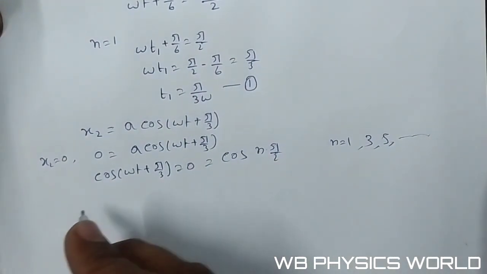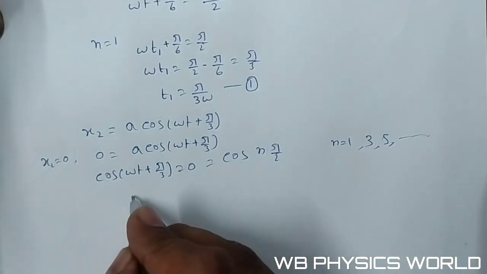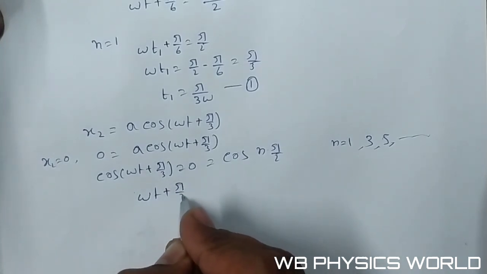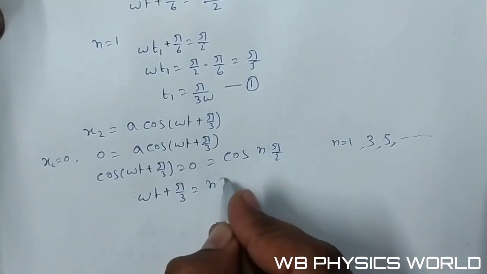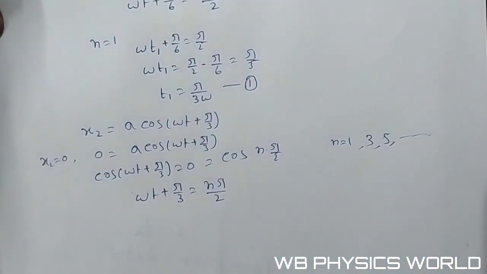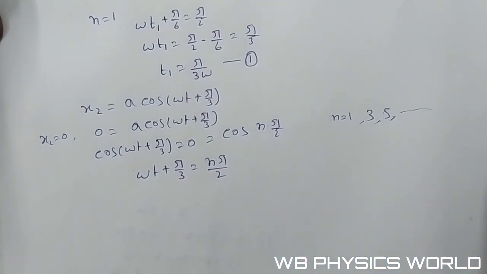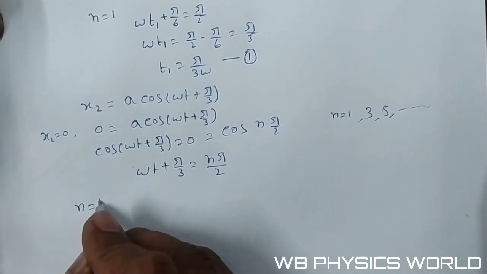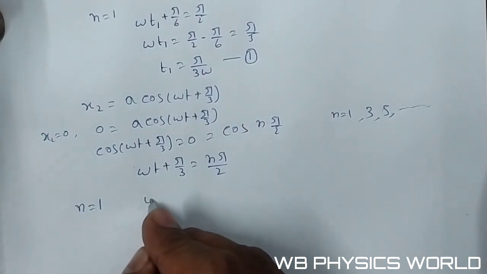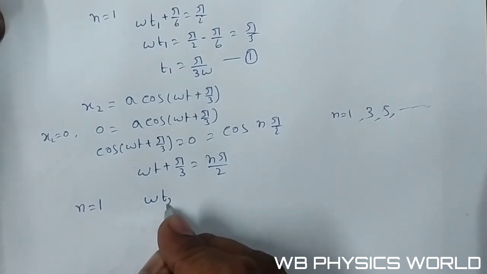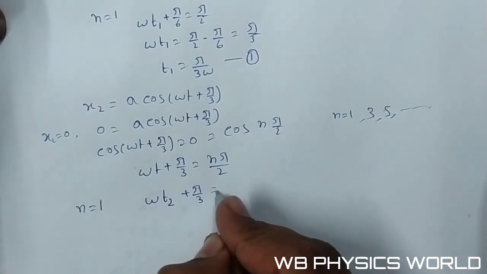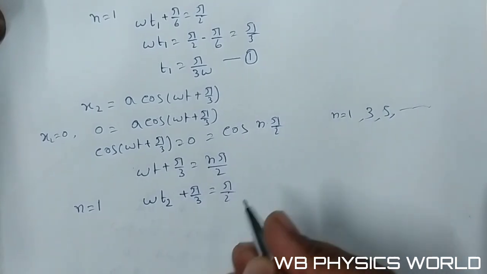So for the smallest value, comparing both sides, this can be written as omega t2 plus pi by 3 equal to n pi by 2. For the smallest time, here we also take n equal to 1. So this is written as omega t2 plus pi by 3 equal to pi by 2.